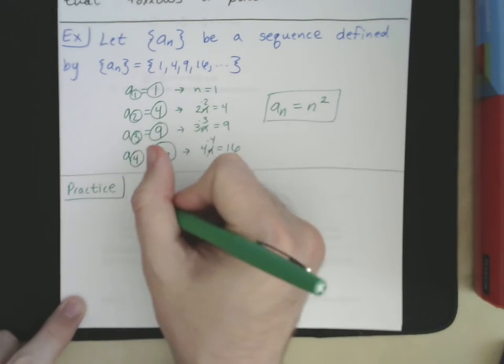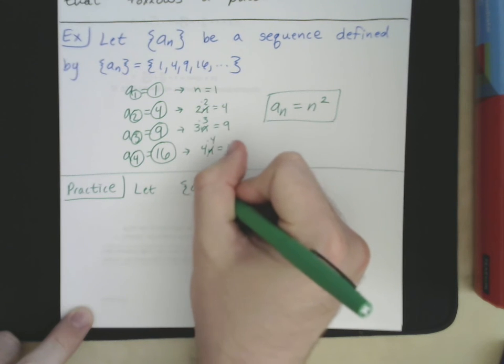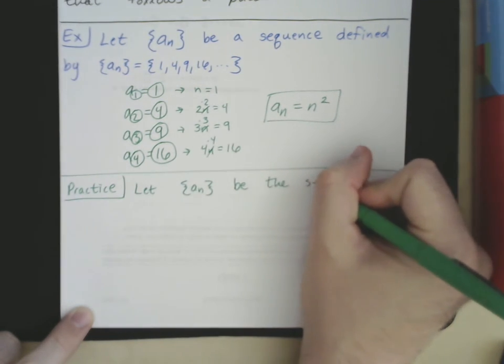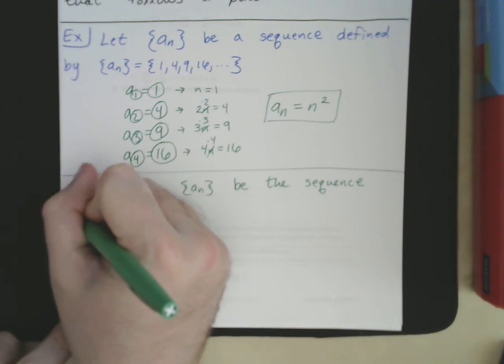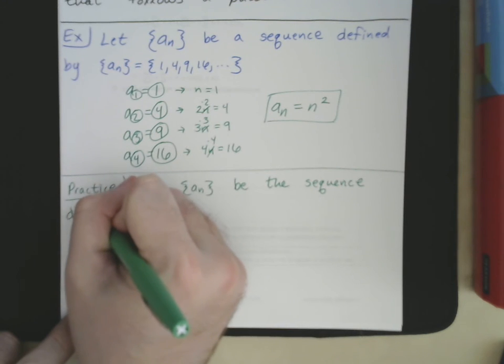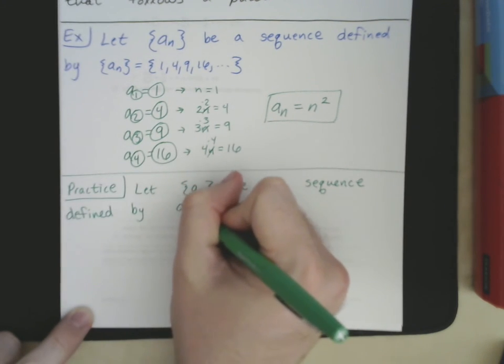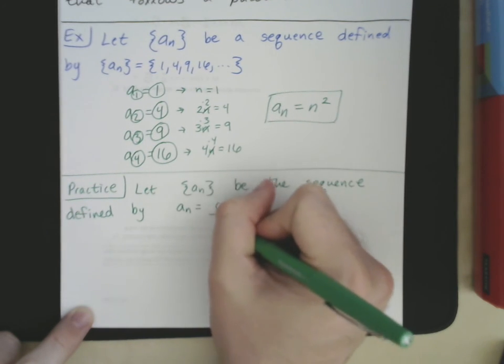For this problem, we're going to let a sub n be the sequence defined by the general term a sub n equals (-1) to the n over 3n.